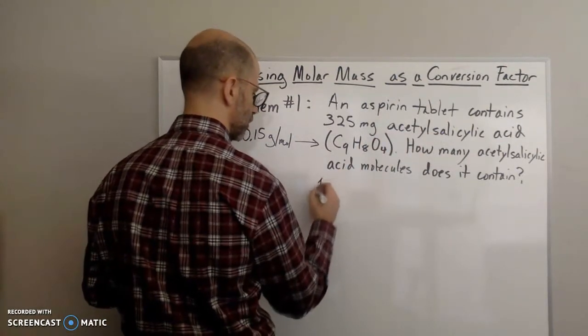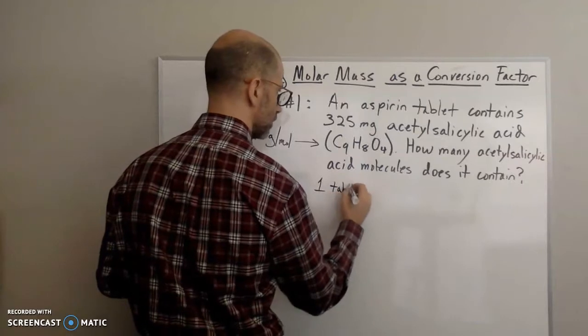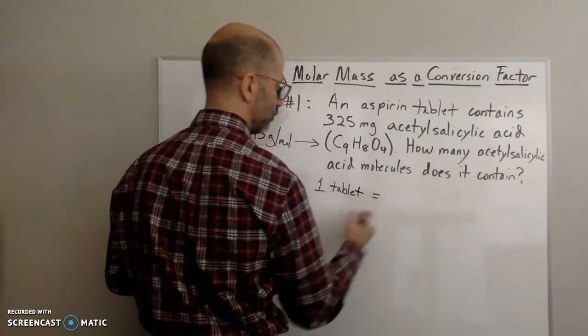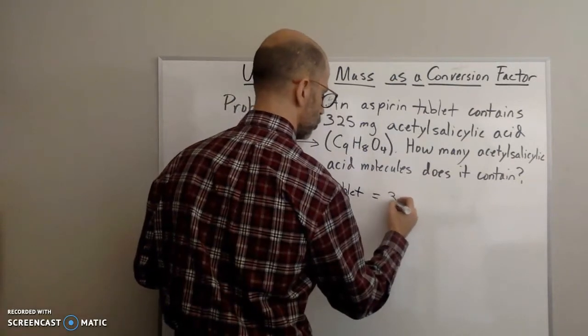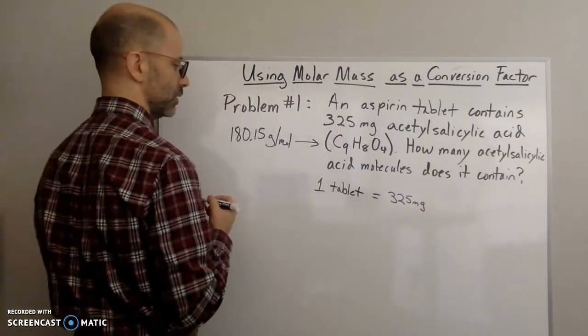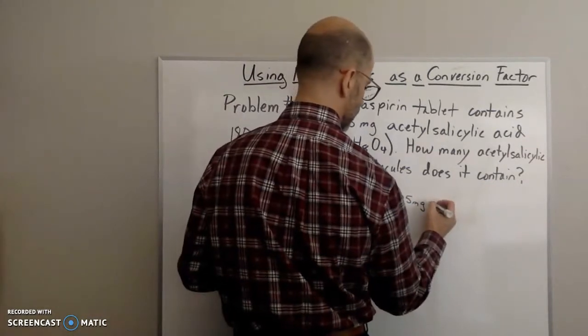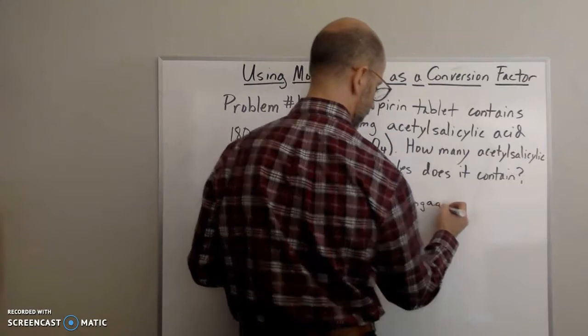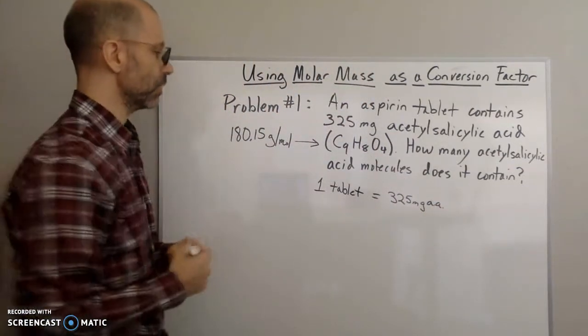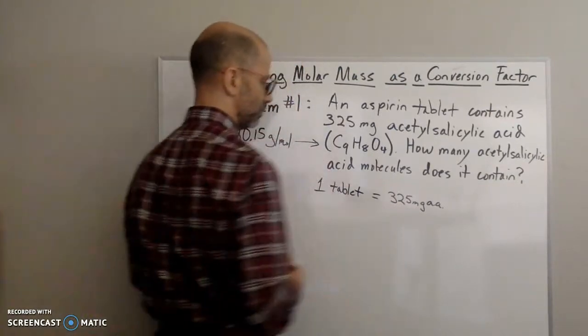So one aspirin tablet is going to be equal to 325 milligrams of this acetylsalicylic acid. I'm just going to say AA, for acetylsalicylic acid. So that's one relationship, okay?